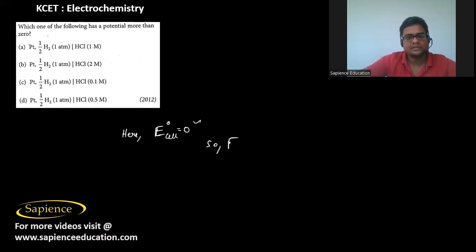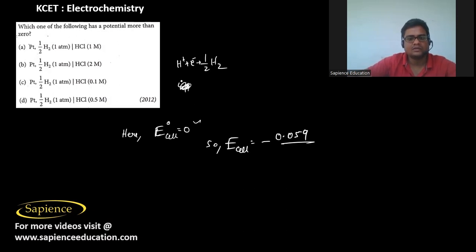So now here E cell will be equal to minus 0.059 by n. Here n will be 1 only, since half mole of H2 will be formed from one H plus ion, which has to gain 1 mole of electron to form half mole of H2, and 1 mole of HCl here also.